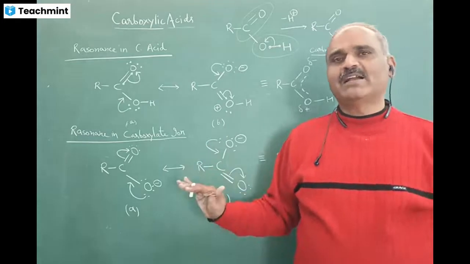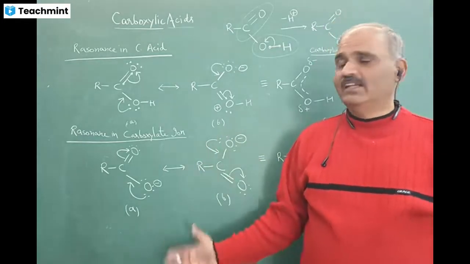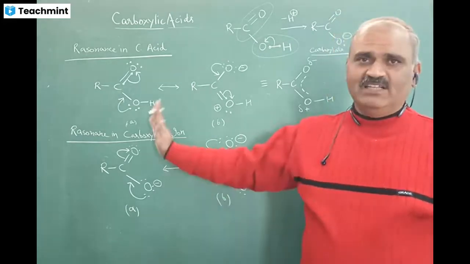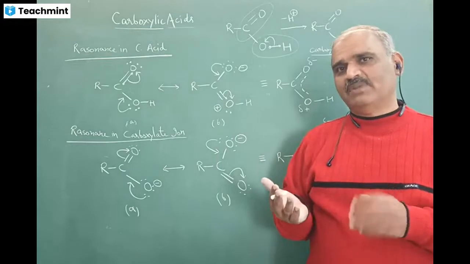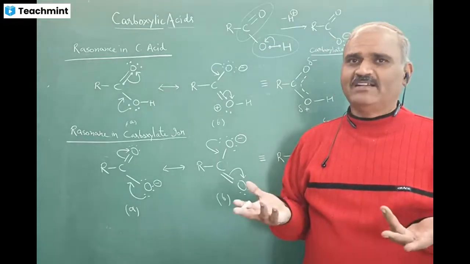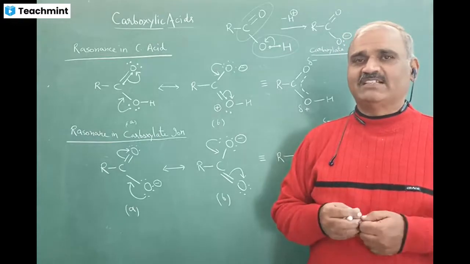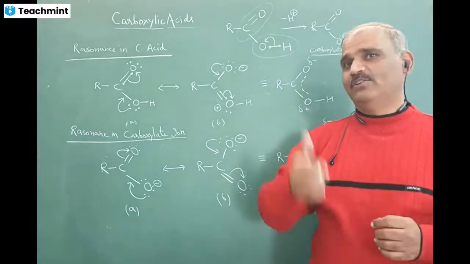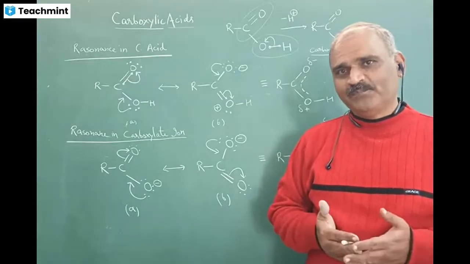So resonance in carboxylate ion is providing more stability. That is why a carboxylic acid molecule gives H plus, becomes carboxylate to get more stability. That is why carboxylic acids are acidic, and those reactions are proving that these are acidic.